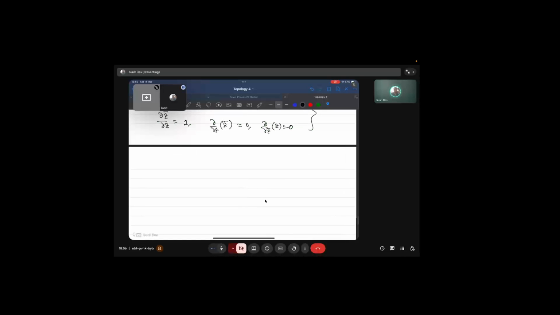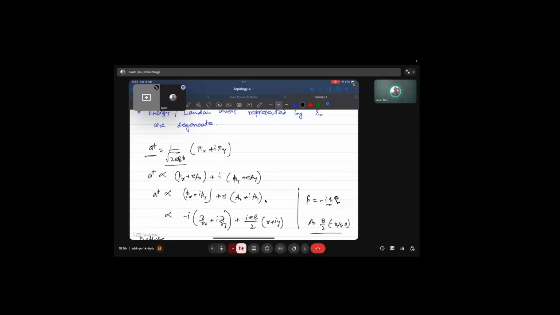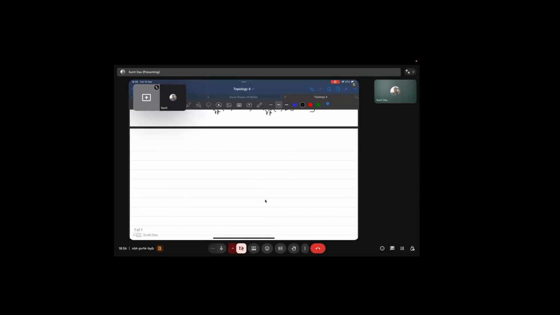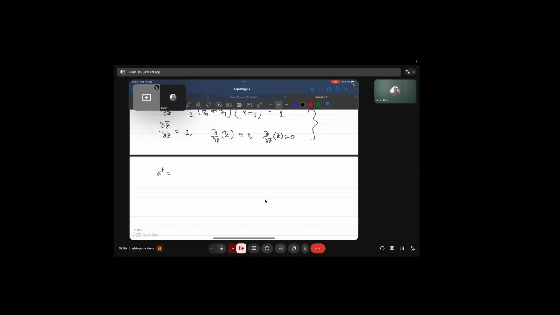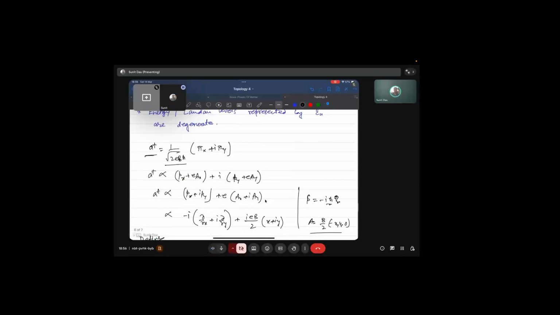Now let's come back to writing the a operator, or a dagger operator, in terms of this del z. So the a dagger operator was like this.